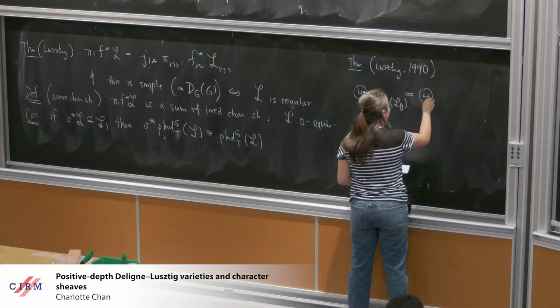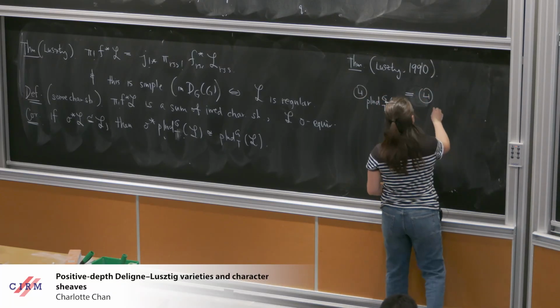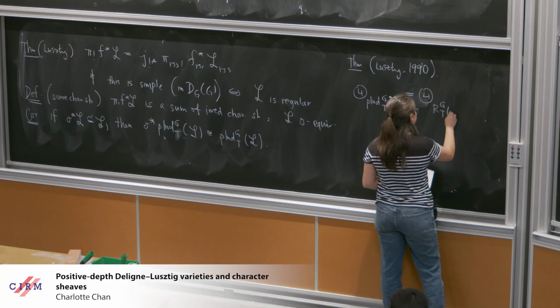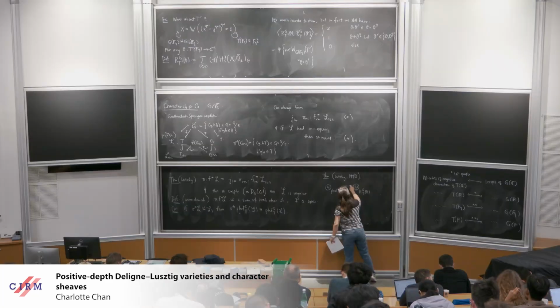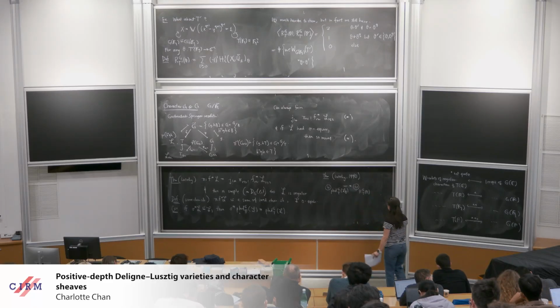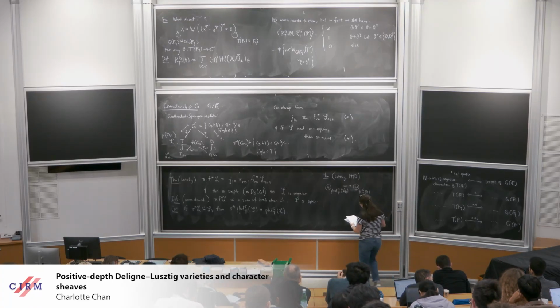This is equal to the actual trace of R_T^G theta up to some constant. And this constant, I mean, there are some subtleties with this constant. If you want to really pin it down, then maybe you have to make some additional assumption here.